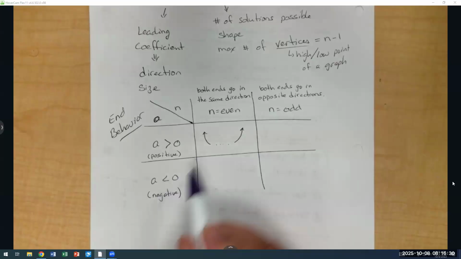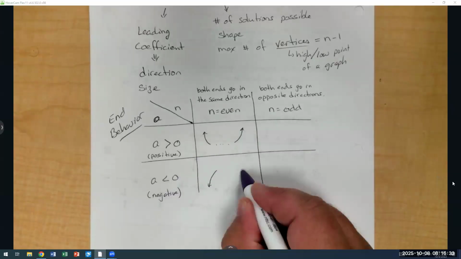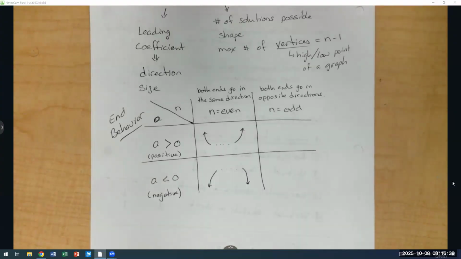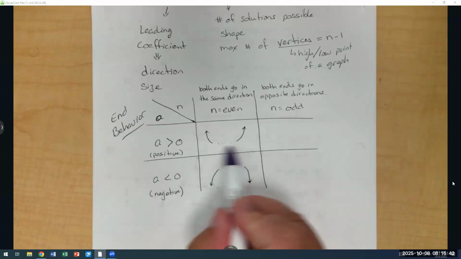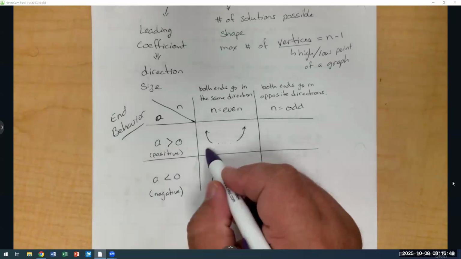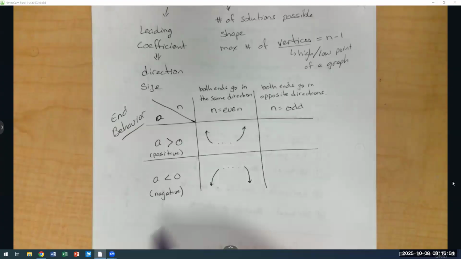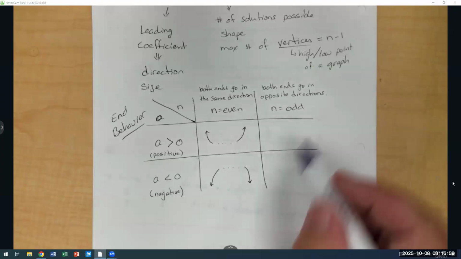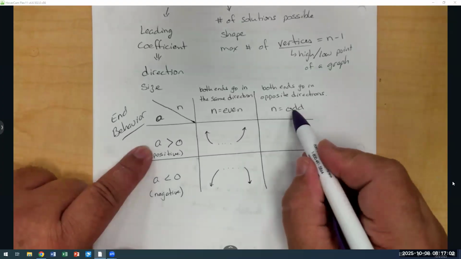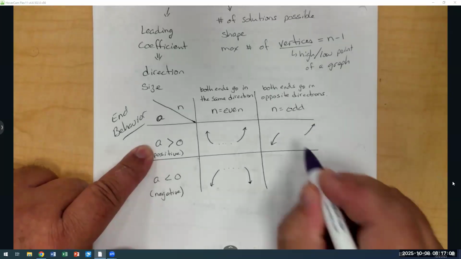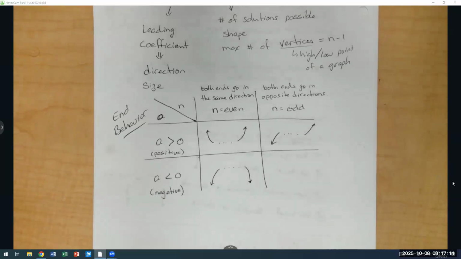If A is negative and n is even, then we know both ends point down. Now, why don't I connect everything here? Because it all depends. Remember, if n was 4, then we'd have 3 bumps. If n is 8, then we'd have 7 bumps. It's always n minus 1 bumps. Now, if A is positive and n is odd, they point in different directions. The graph looks like this.